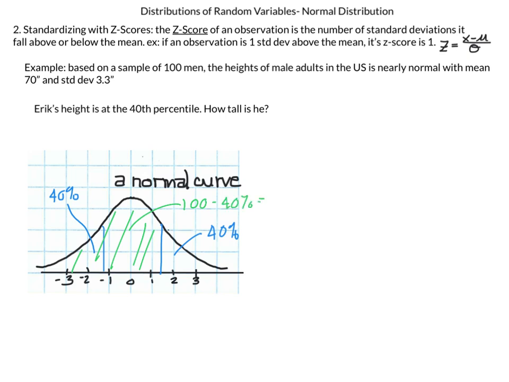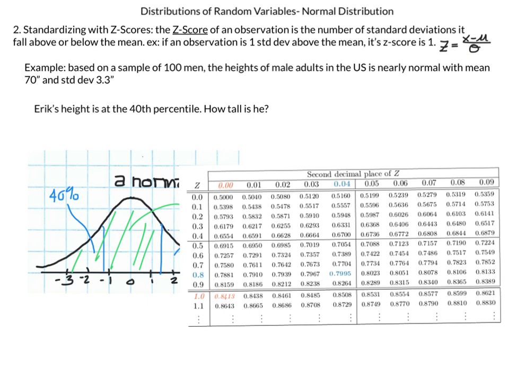So we're looking for 60% on our chart now. We don't see anything exactly 60%, but over here, we see where we go from about 59% to something just over 60%.